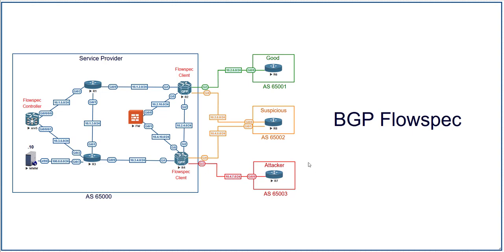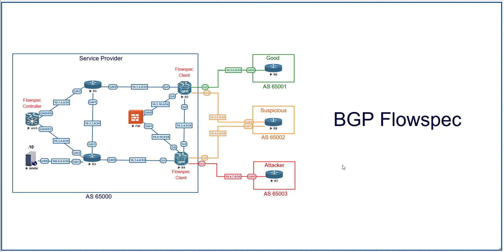Actually, here we have three types of action. First, we want to specify the flows in the Flowspec controller, and after that we need to define which action should be done on each type of traffic.